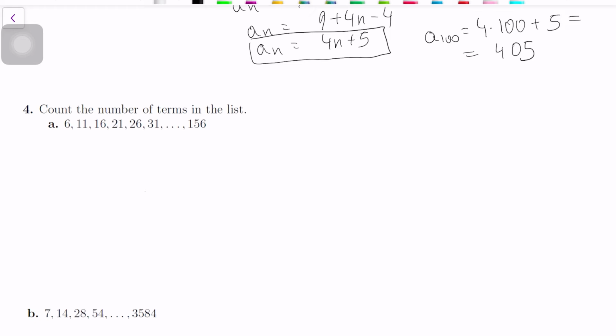Count the number of terms in the list. So here we just want to know how many terms we have in this list. Now, well, depends. Here we're going to again rely on recognizing whether we're dealing with a geometric or arithmetic sequence. We're going to come up with the formula, but this time we want to know to what n the last term corresponds.